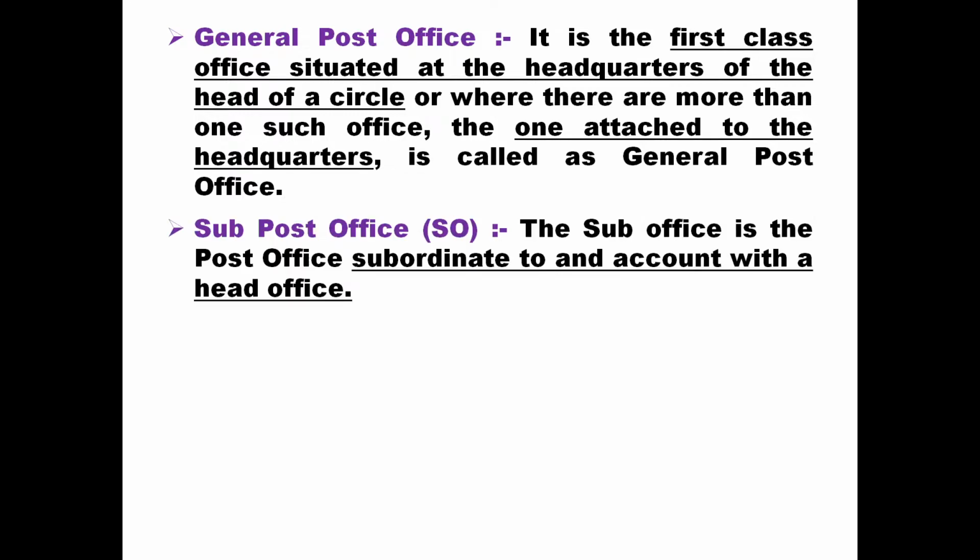General Post Office. It is the first class office situated at the headquarters of the head of the circle, where there is more than one such office. The one attached to the headquarters is called General Post Office. Sub Post Office. The sub office is the post office subordinate to and in account with the head office.